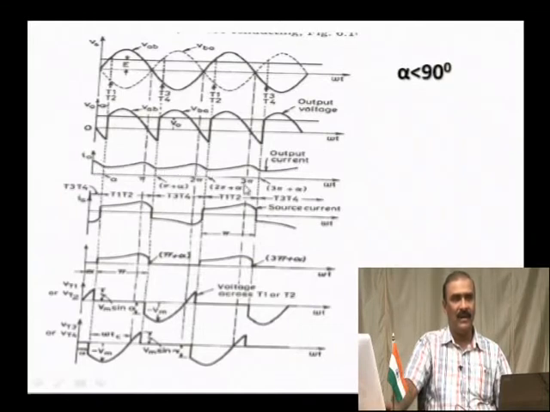In the earlier diagram I showed a straight line; both you can use. Some textbooks write like this, and in some textbooks they assume it is very ideal. In fact, I started with the ideal condition. So when you write a straight line like this for I naught, it is an ideal condition. This is the actual practical condition.